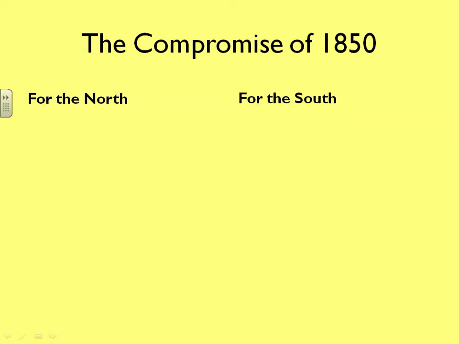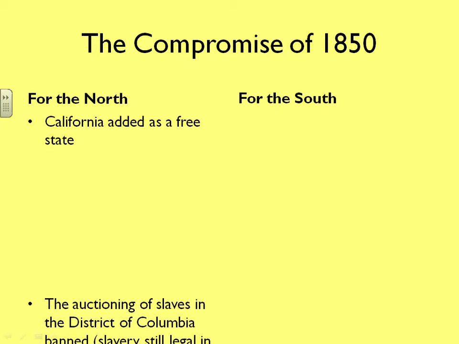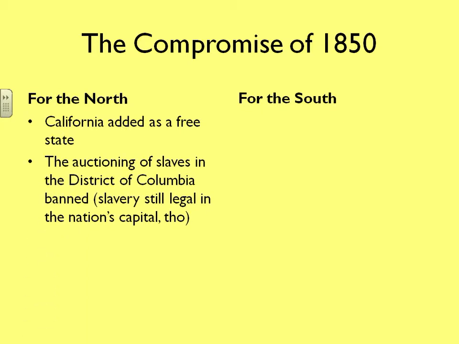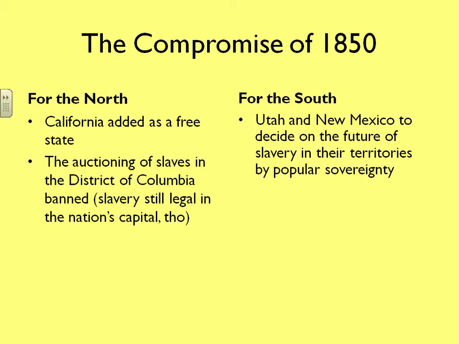So we're going to get a compromise, the Compromise of 1850. What it boils down to is that the North will get California coming in as a free state. And they will not allow the selling of slaves in the District of Columbia, in the capital. Slavery is still legal there, though. For the South, Utah and New Mexico will be decided by popular sovereignty.